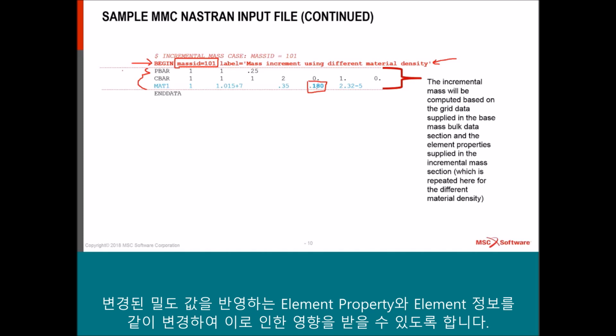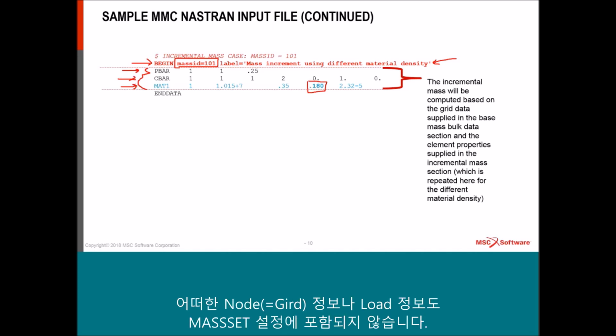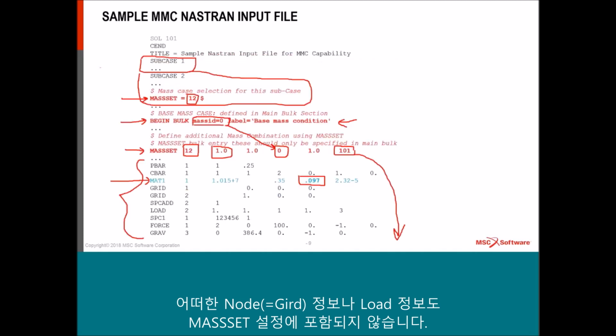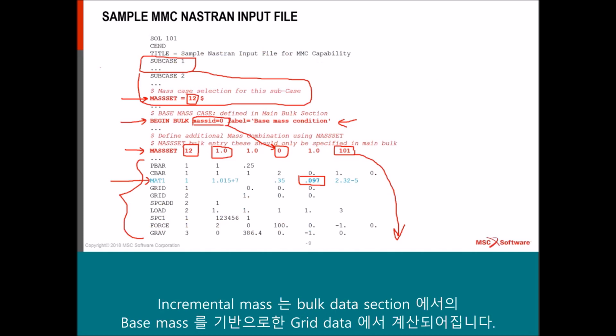But notice that I'm including the property, which is referenced by the material, and also the one element in this case that is affected by this change. Notice that I did not include any of the nodes or any of the loads that were in my base mass set.